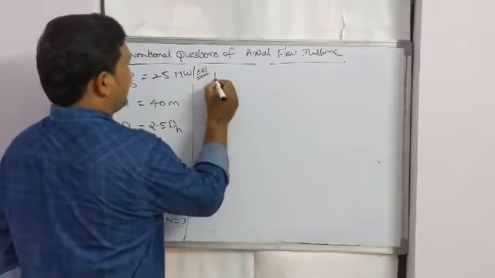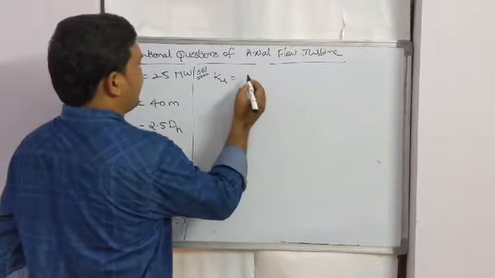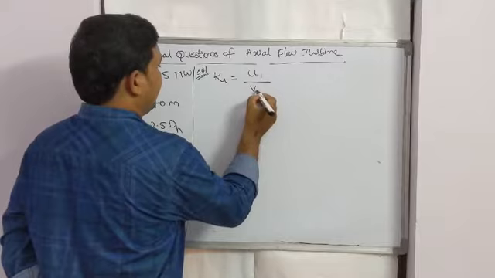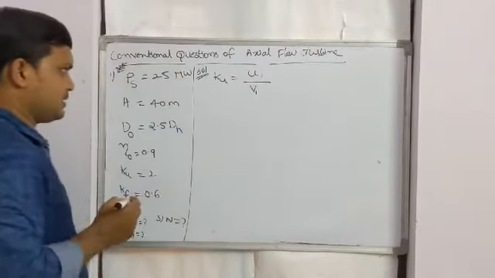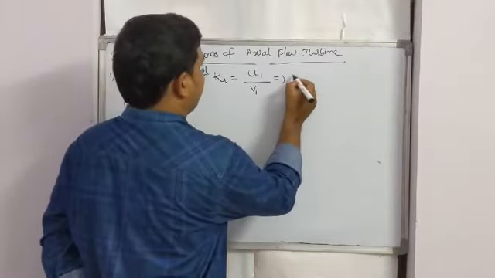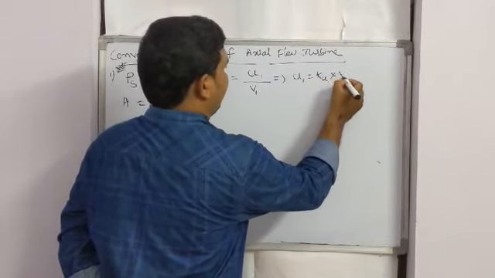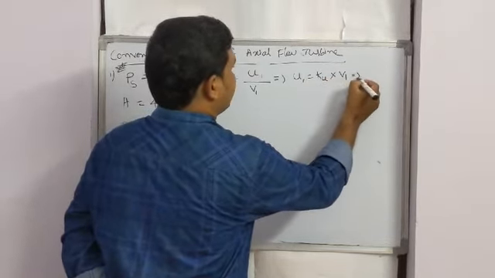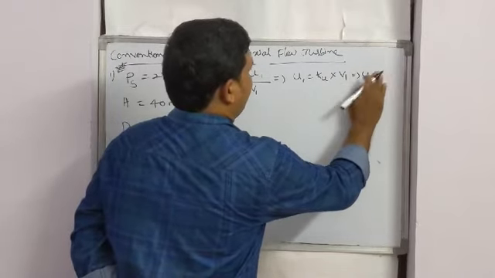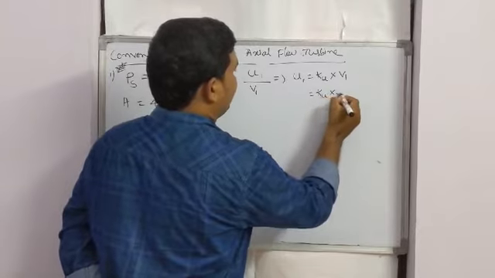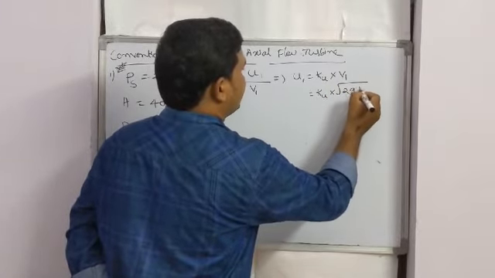We know that Ku, the speed ratio, is nothing but U1, the blade velocity, by V1, the absolute velocity. We can write U1 is equal to Ku into V1, and V1 we can write as root over 2gh.